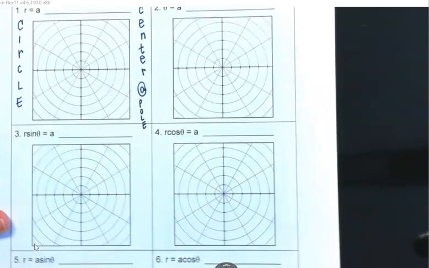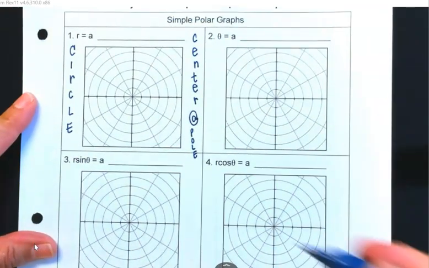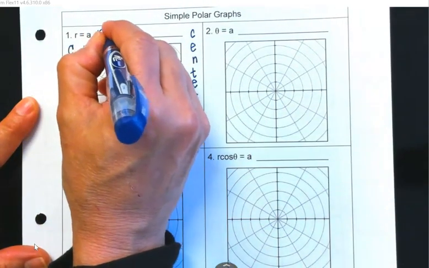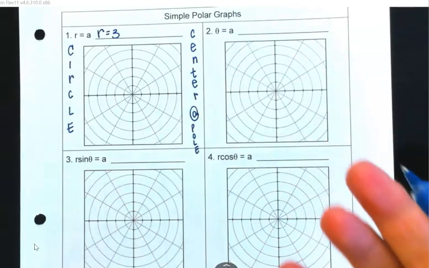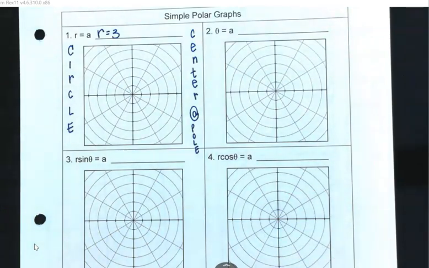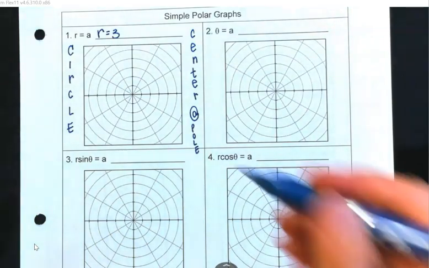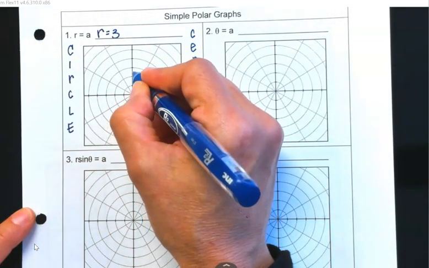All right. So here's what this is going to look like. Let's just say that r equals 3. From the pole, you are going to draw a circle 3 places away, which is the third rung on the picture. So 1, 2, 3, right here.